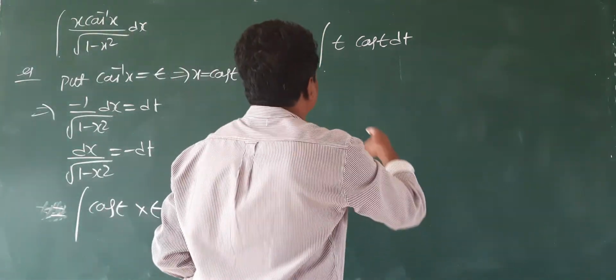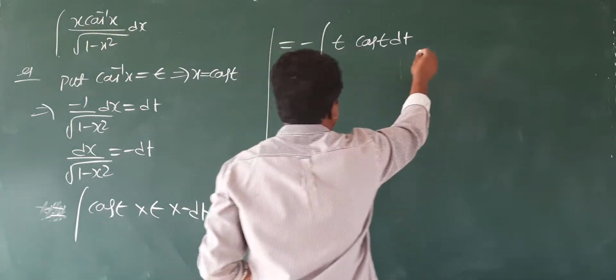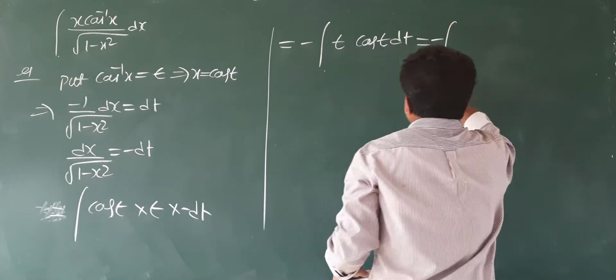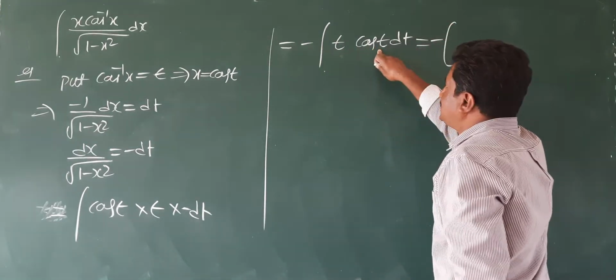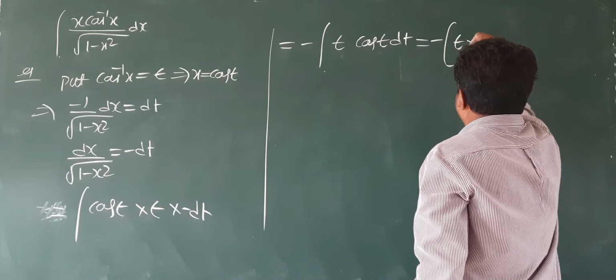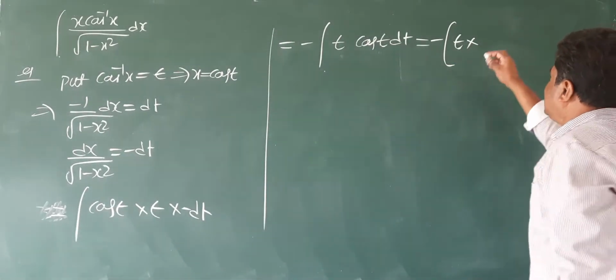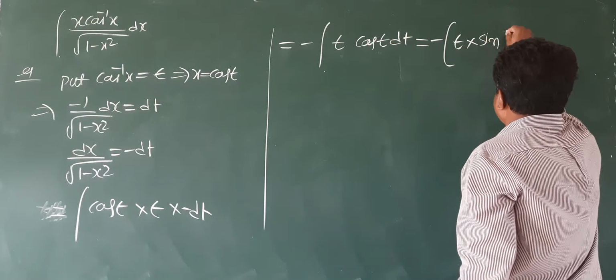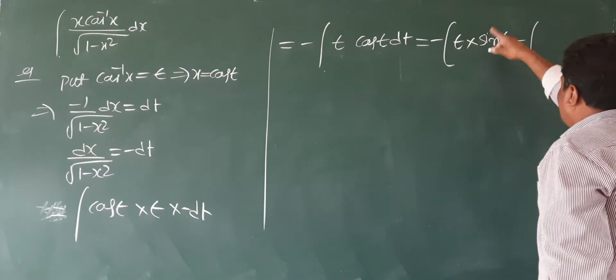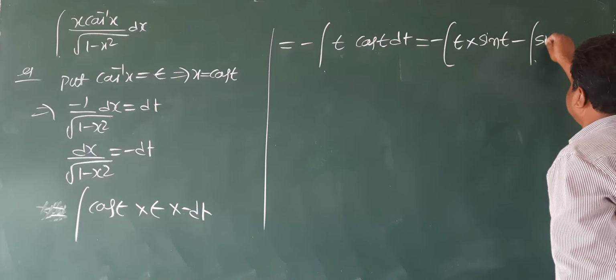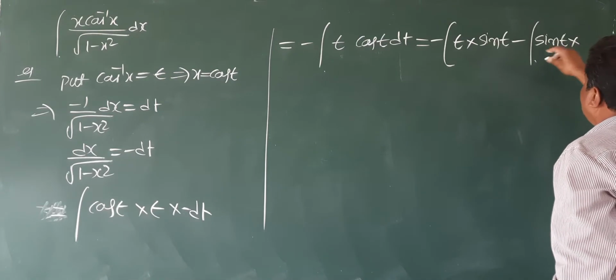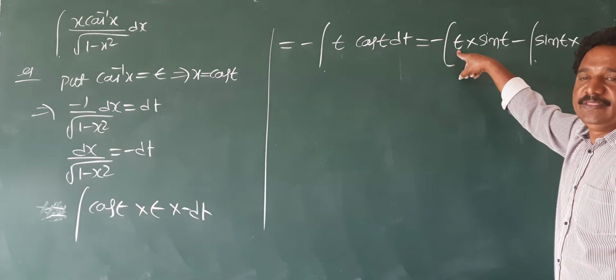So write t, first, into integration of second, minus integration of first into integration of second. T into integration of cos t. Integration of cos t is sin t. Minus, carry that sin t inside, sin t into differentiation of t.